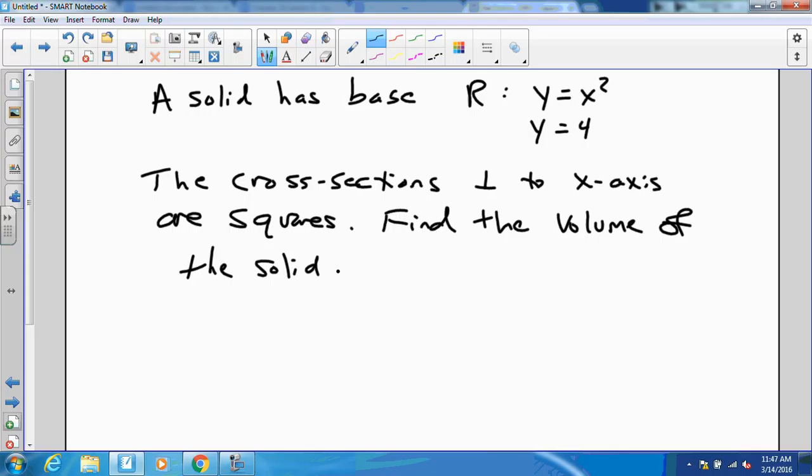When you draw the base, don't forget to label intersection points. I forgot to label intersection points.